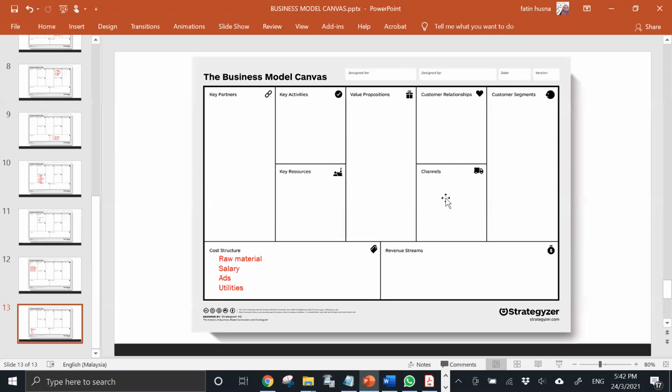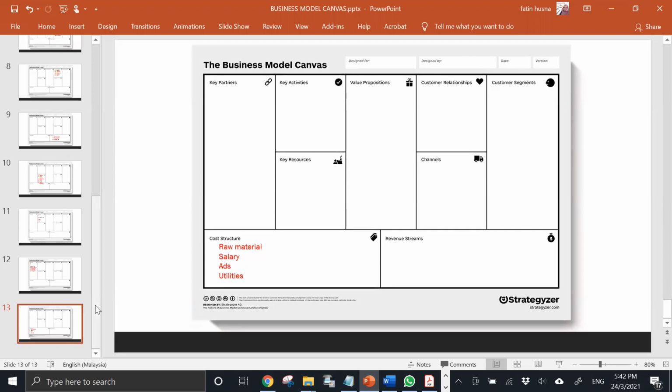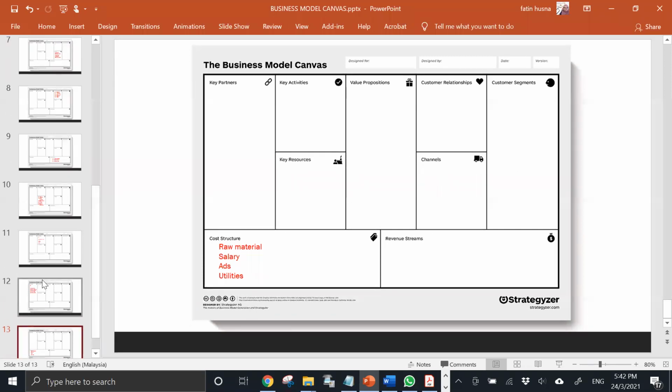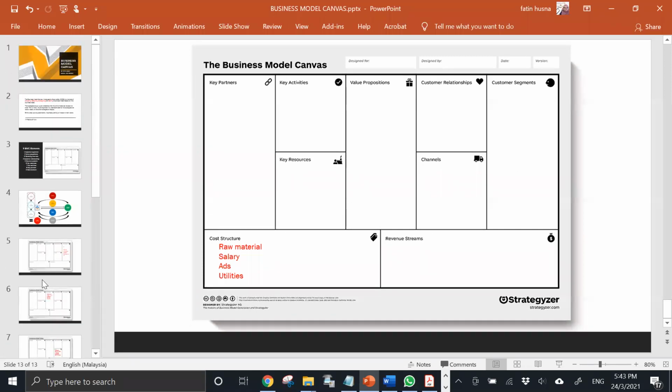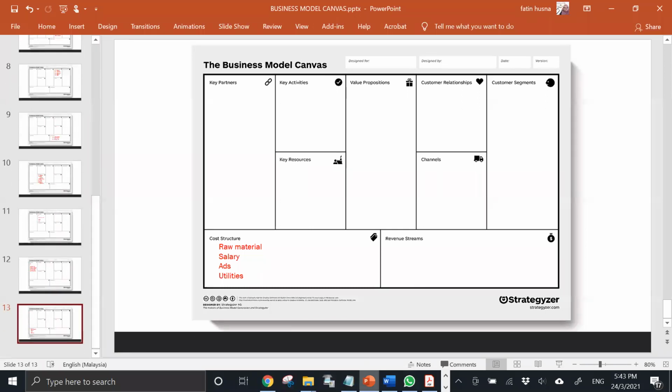So this is on the privacy part, and also the security, and your idea must be vanished from the BMC. You just want to show people what you are doing. That's it. You are not showing them the idea behind it. Okay, revenue stream we are done. So basically that is BMC.